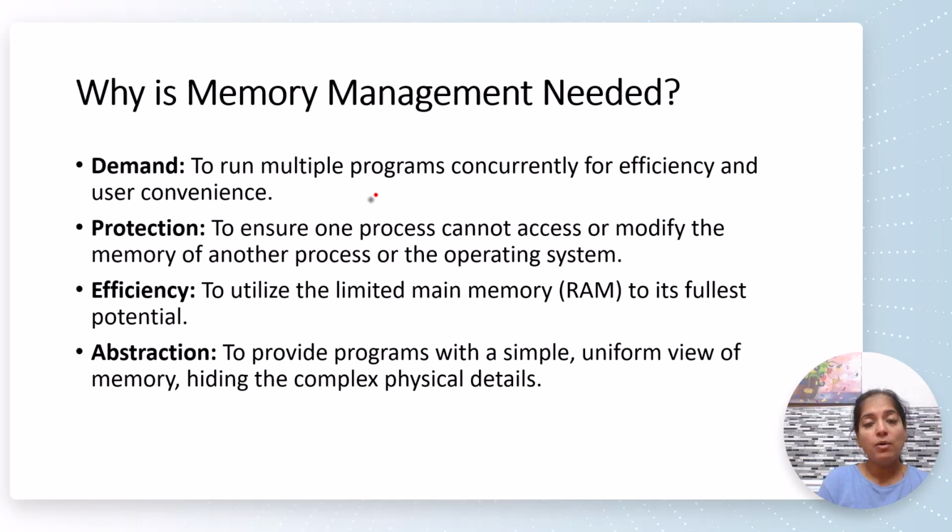And we want to utilize the RAM, which is very limited in size, to its fullest potential. And also to provide a level of abstraction, that is, to provide the programs a simple uniform view of memory, hiding the complex physical details. We require memory management, that is the MMU, memory management unit, to fulfill the demands of protection, efficiency and abstraction.